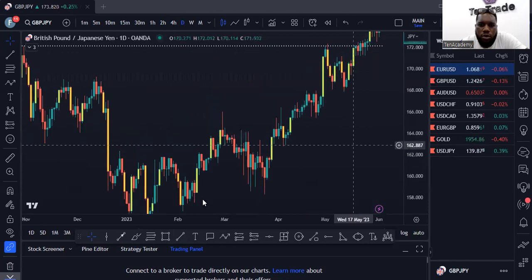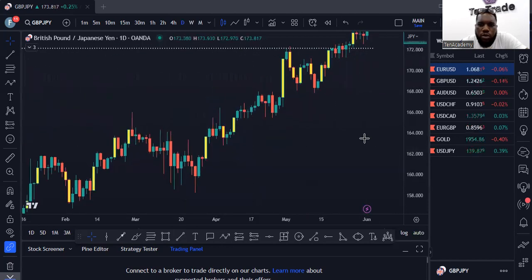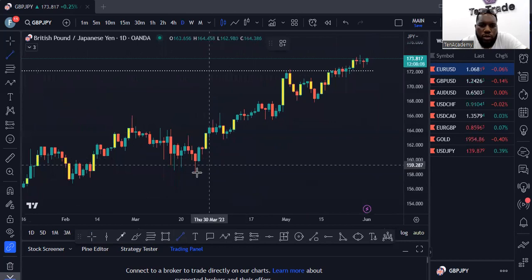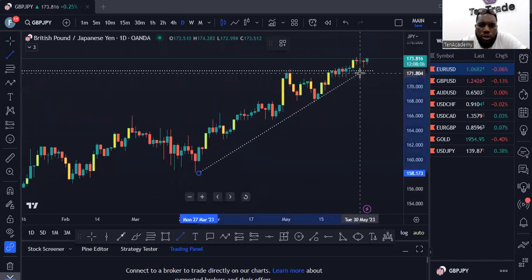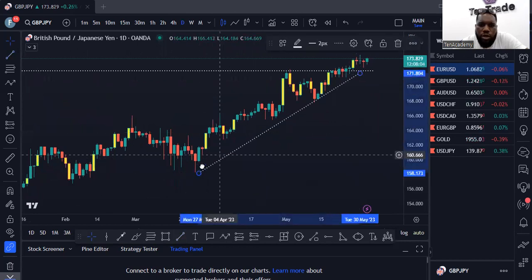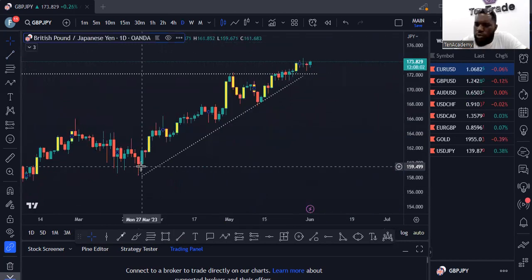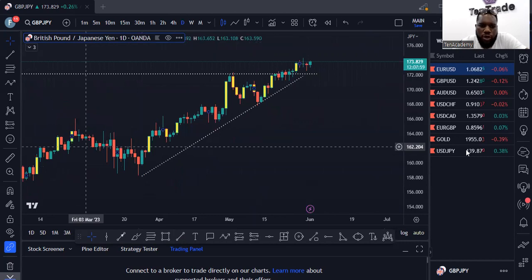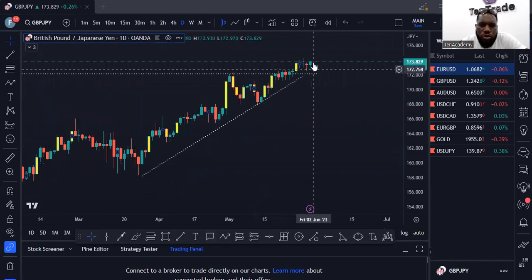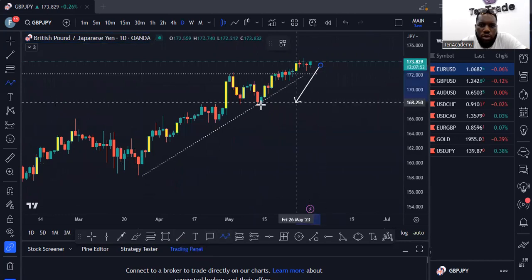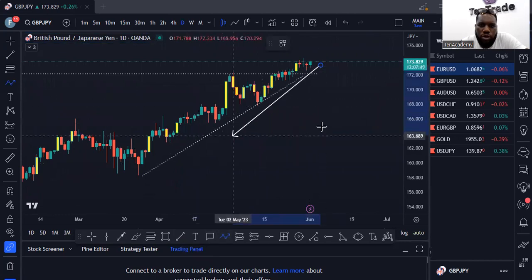Okay. On daily, we are seeing triangular liquidity here. It's almost certain that price is going to come down to take out this liquidity.